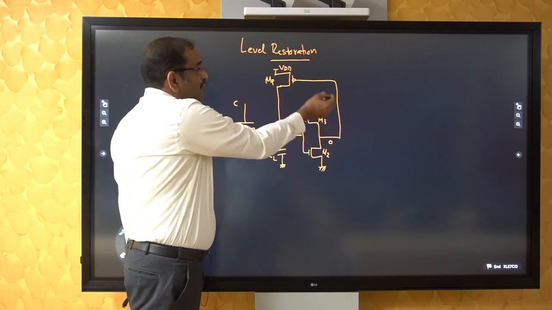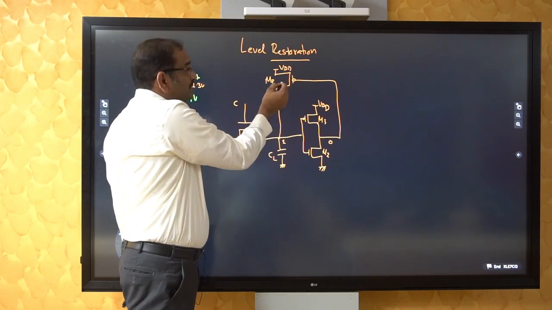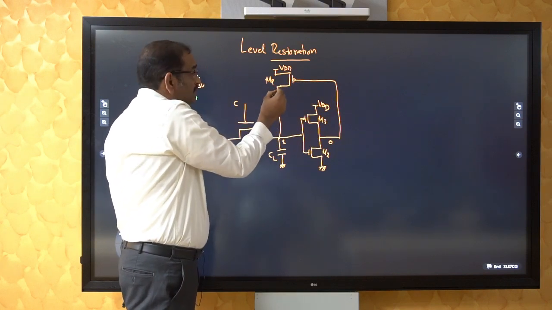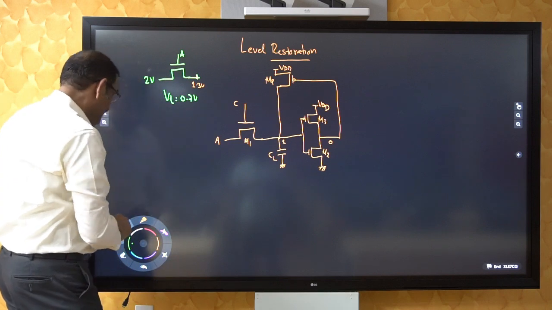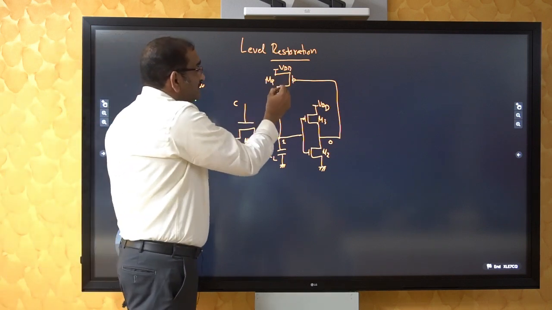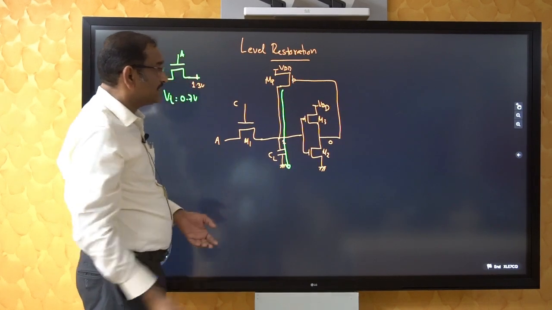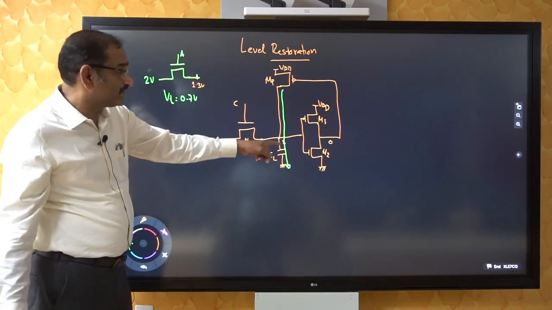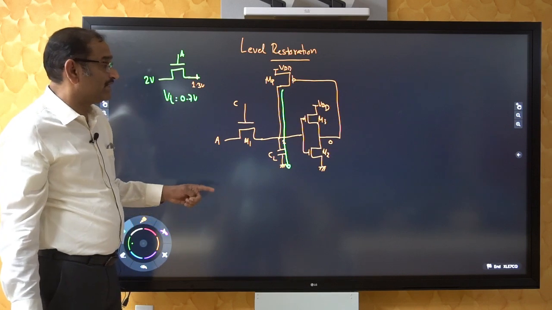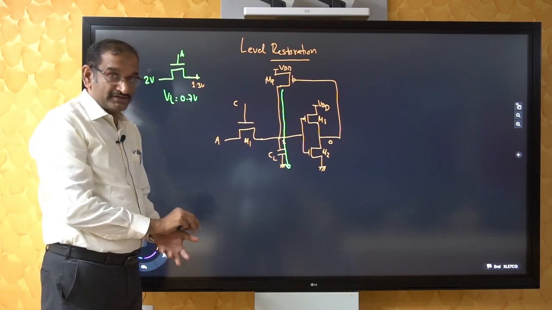Whenever this inverter output is 0, this PMOS turns on, and this output capacitor charges to VDD. So your level which was decremented by the amount VT will be replenished.